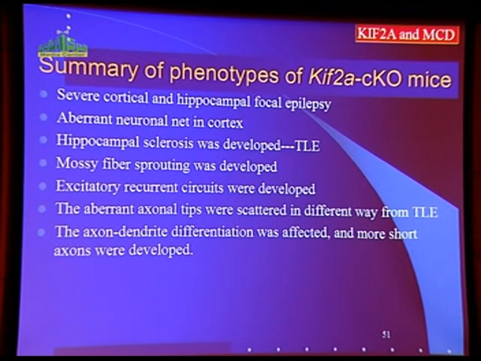So in summary, we've clearly clarified mechanism of cortical malformation and also epilepsy in the KIF2A conditional knockout mice, and also in a patient which is affected with the KIF2A function. So I stop here.